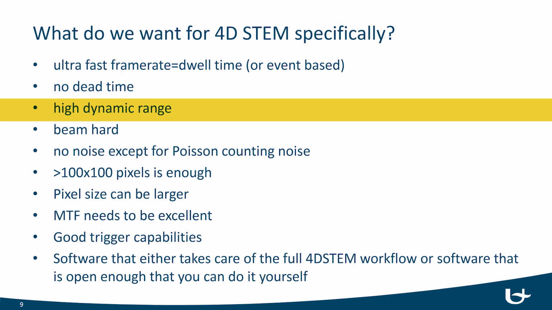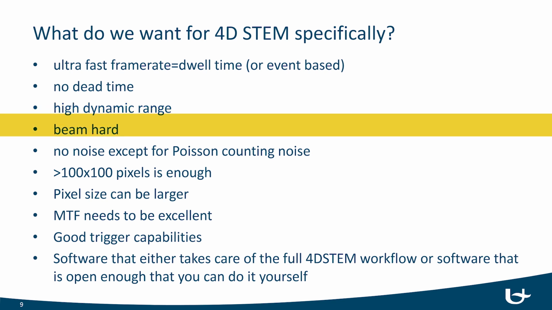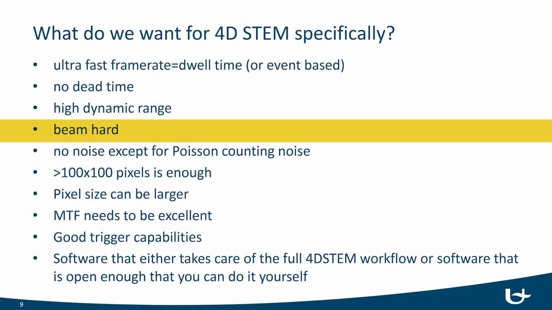I probably want a high dynamic range, because I will have a strong diffraction peak or diffraction disk in the center, and then nothing outside. So dynamic range is probably important. What is very important is that it needs to be beam hard, because you're putting diffraction patterns on there. And maybe you could say, yeah, but I'm always using a focused beam CBED, so it's not a diffraction point but a disk.